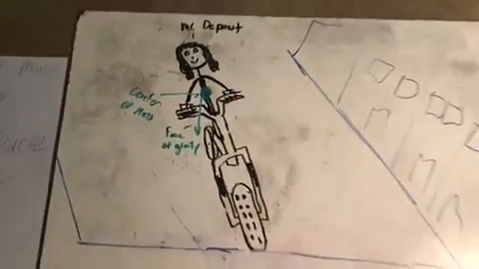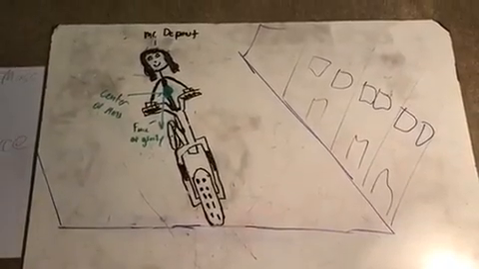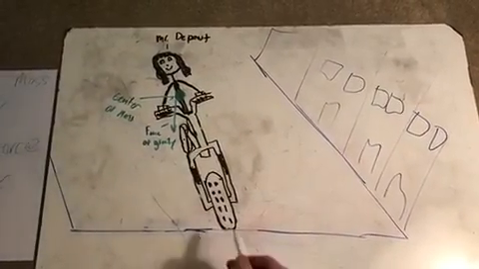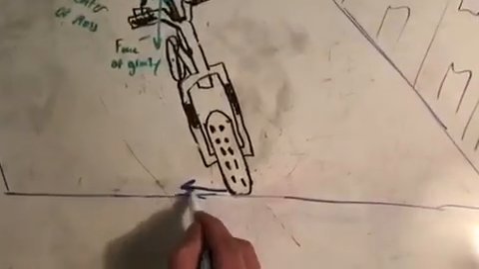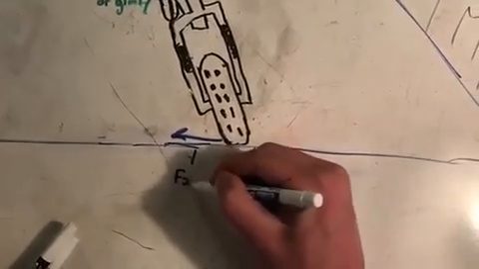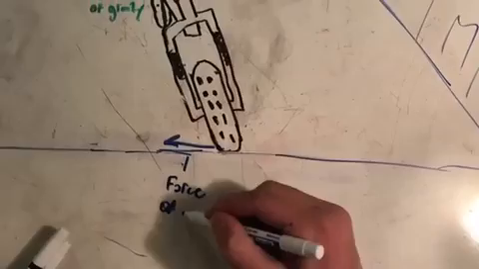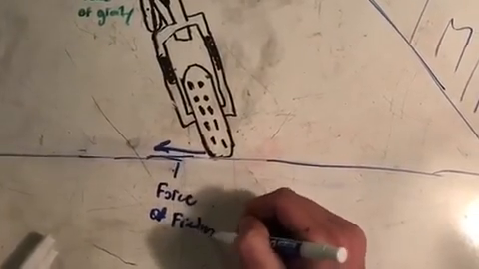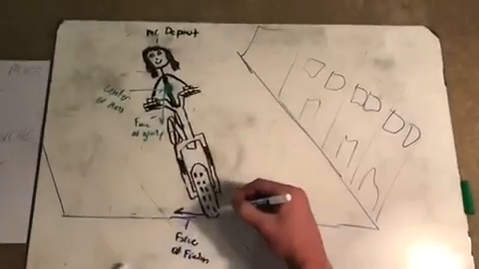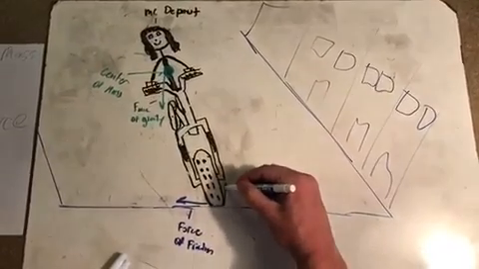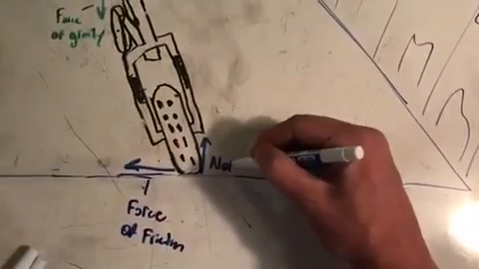Now, on the tire that's in contact with the ground, there's going to be another force, and that's going to be the force of friction. And then, of course, you're always going to have the normal force, opposing gravity.